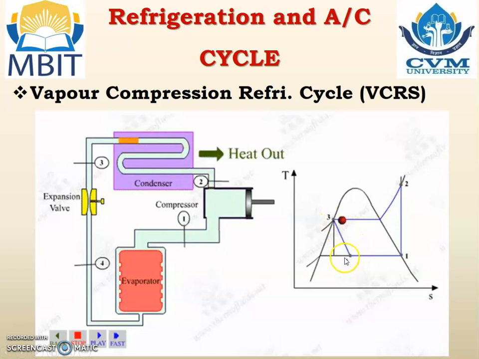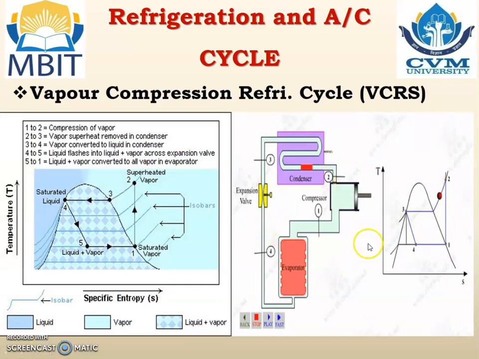And at point number 4, the refrigerant enters into the evaporator where it is heated to point number 1. So that is the temperature entropy diagram for the vapor compression refrigeration system. On the right hand side there is an animation, and on the left hand side is the diagram given in the book, which you are required to draw if they ask you to draw.